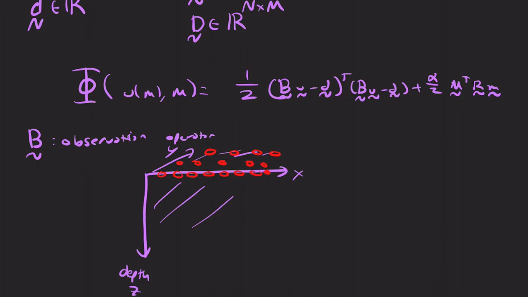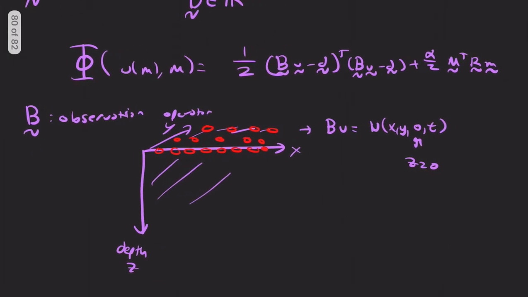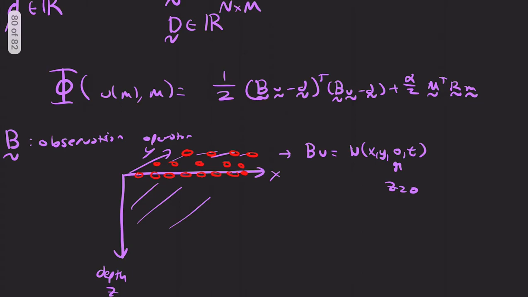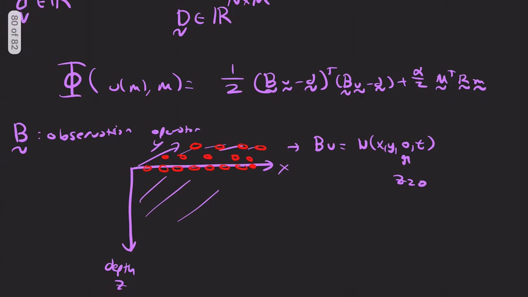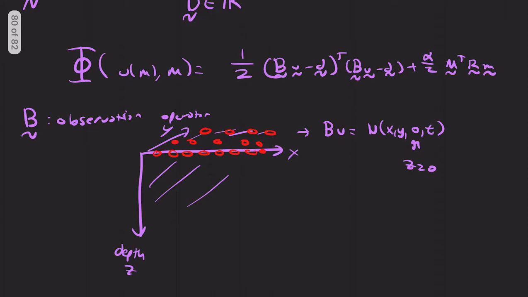Because if you want to figure out what's underneath the subsurface, like an aquifer or a salt body, you want receivers at the surface. Otherwise, you just drill straight in and see if you found it, right? So the idea here is now in the continuous case, Bu is going to be u of x, y, 0, and of time. So this is z equals 0. And that's all it is. So it can be observations on the boundary. It's just where you're observing. In the case where you're observing everywhere, B is just the identity.